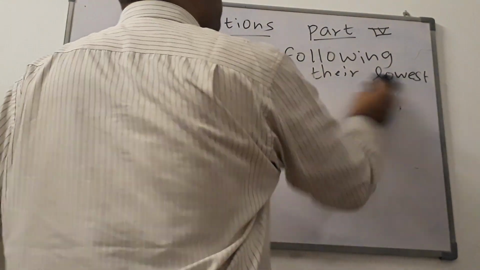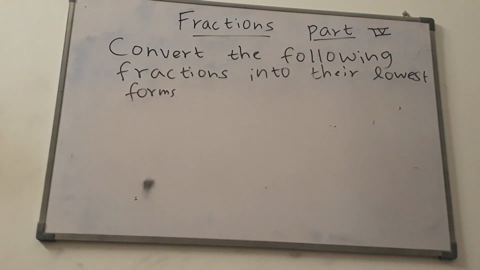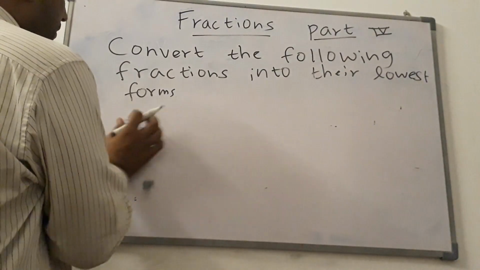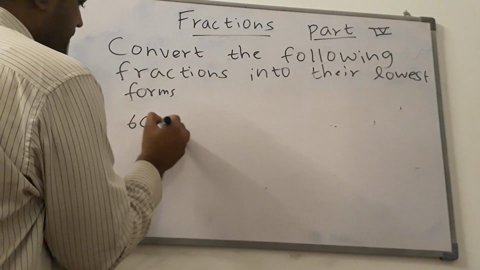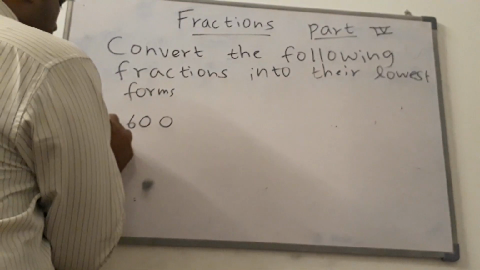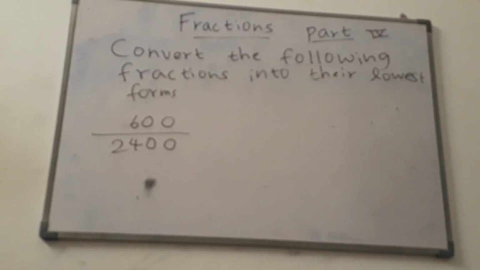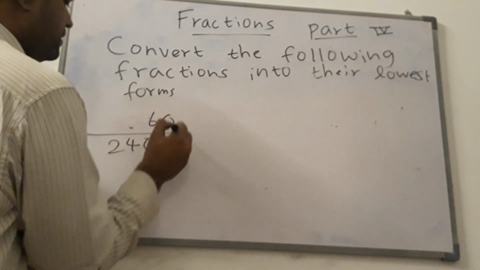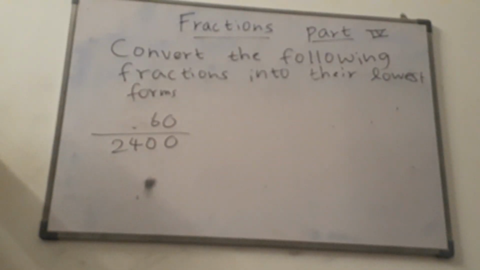Final sum. 600 divided by 2,400. Or 60 divided by 2,400.